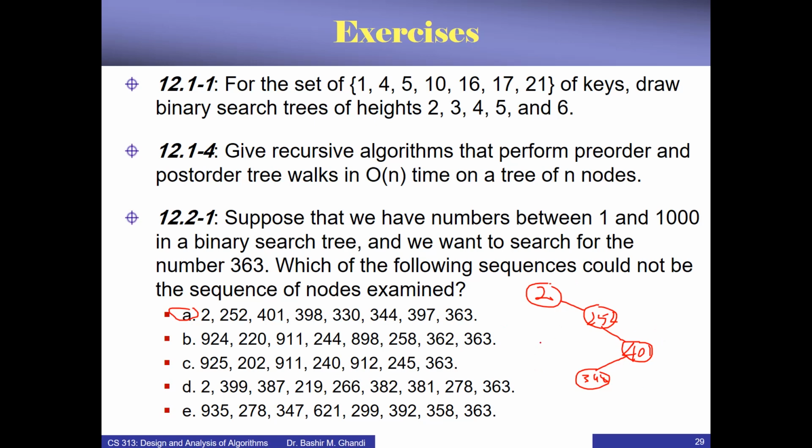So far it has not violated anything because all the elements here are greater than 2. All the elements here are greater than 254. Also 348 is less than 401. Now for one of these cases there will be a violation, and that is the case you are asked to find. You say which of the following sequences could not have been the sequence of nodes examined.